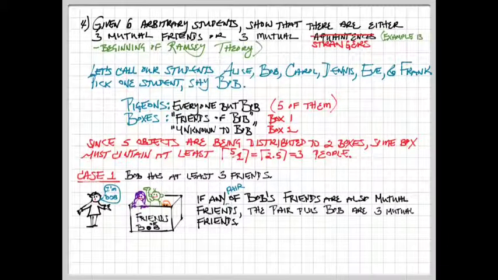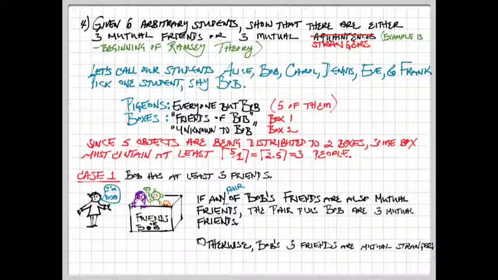If any pair of his friends are actually friends themselves, so that they would be mutual friends, then if you take that pair, let's say Alice and Dennis here, that pair plus Bob would be 3 people that are all mutual friends.